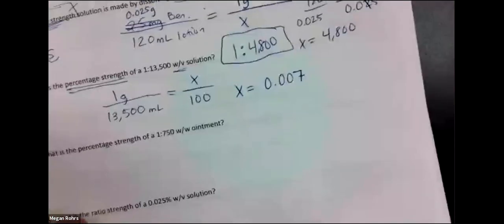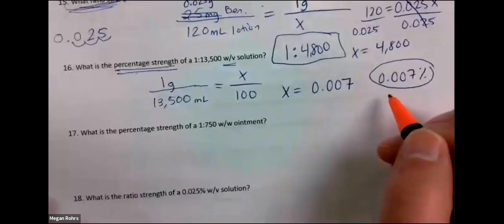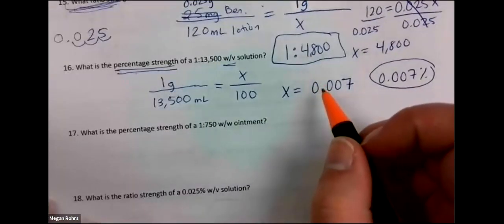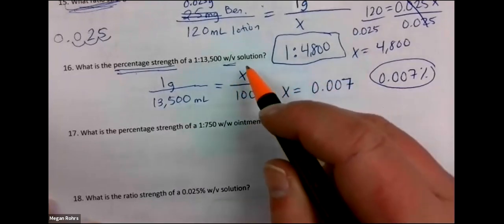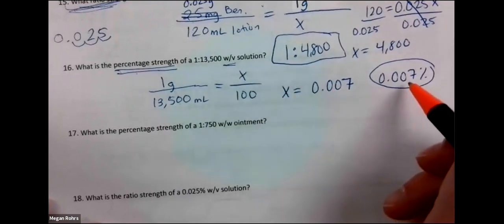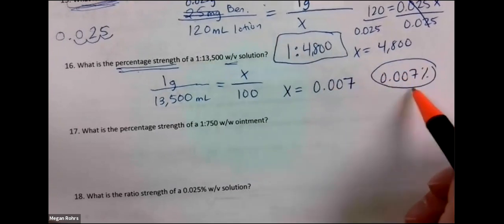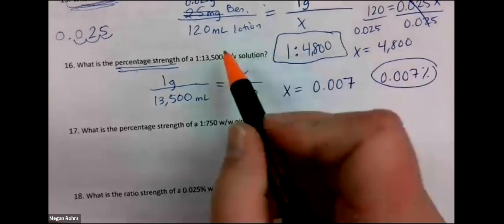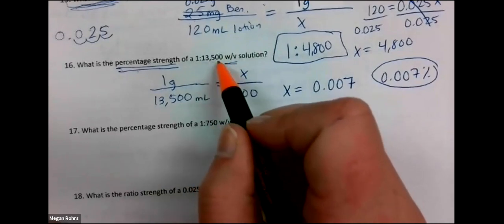So this would just be 0.007%. A lot of people get in the bad habit of trying to move your decimal after this calculation. You don't need to because that X is our percentage. And you can see that your percentage strength is going to be really small the larger the second number of your ratio strength gets.